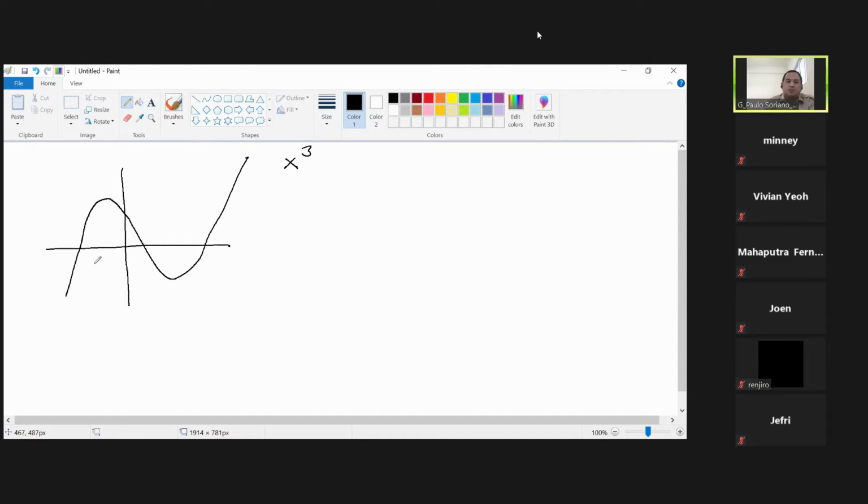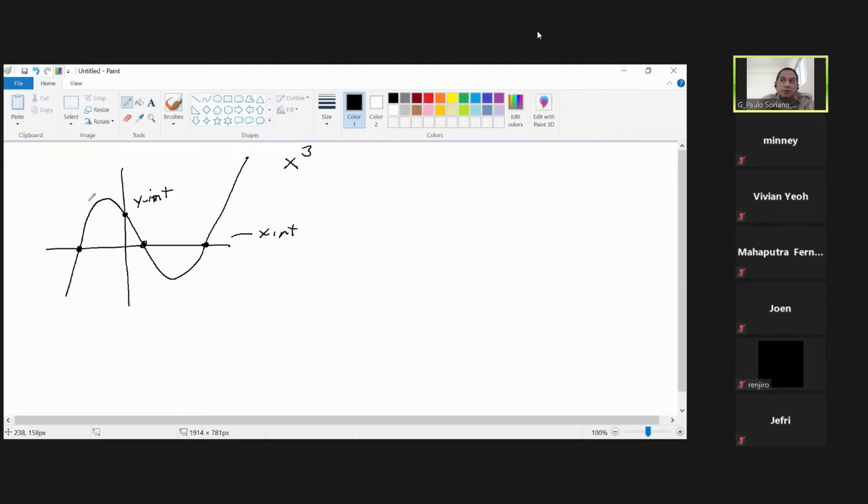Given these x-intercepts, and then we also have here the y-intercept, visual confirmation will tell us that this is decreasing, and this is decreasing again, and then suddenly this is increasing, this is increasing. That is very easy for us to determine because we can see the graph. We can determine if it is increasing or decreasing.